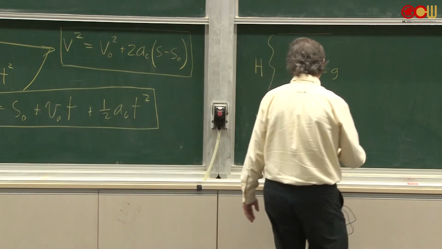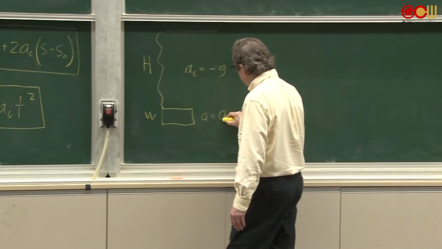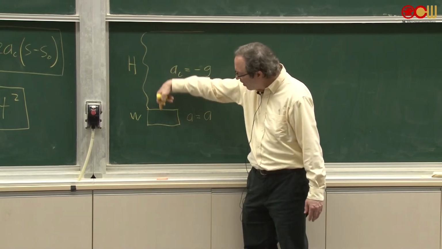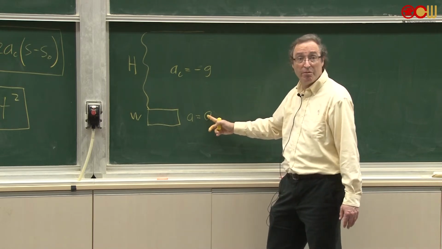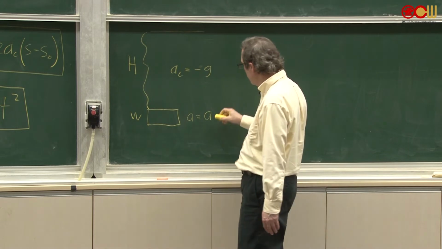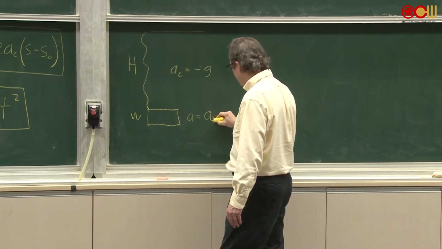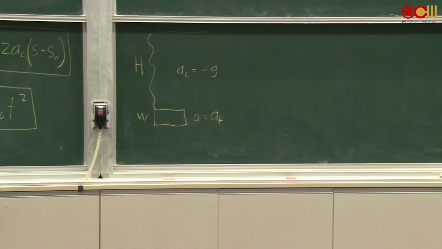Since the person is going down but slowing down, this acceleration will actually be positive. It's going to be up. All right? And we should probably give it a name. Let's give it a T for trash dump. So that's the acceleration there.